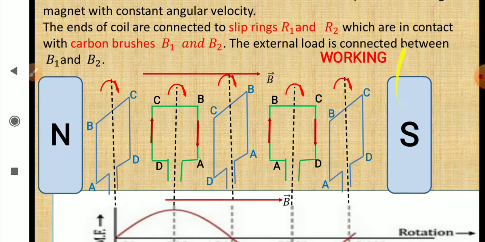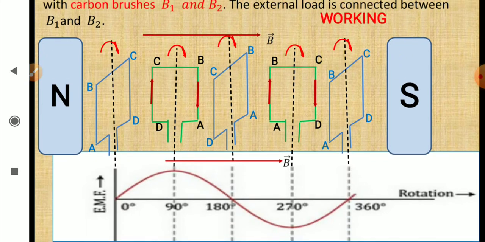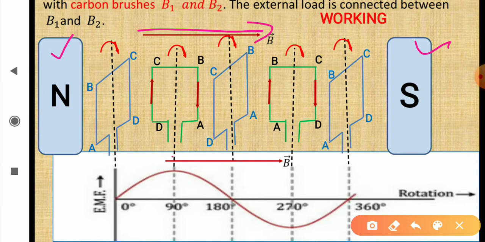So for working, I have shown a diagram here. See, North Pole, South Pole. The magnetic field exists between them along this direction, and the coil ABCD is shown here.